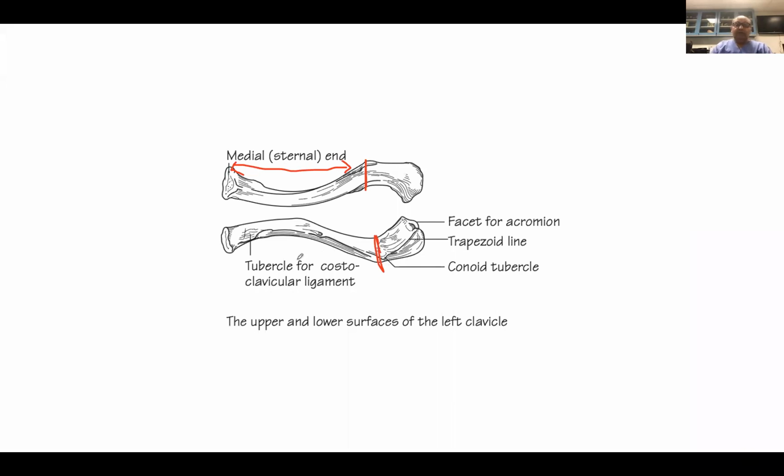Are we good? And you can see that one end is quadrangular and the other end is flat. This flat end is designed so that this bone will be articulating with the acromion process, and this end is going to my sternum.